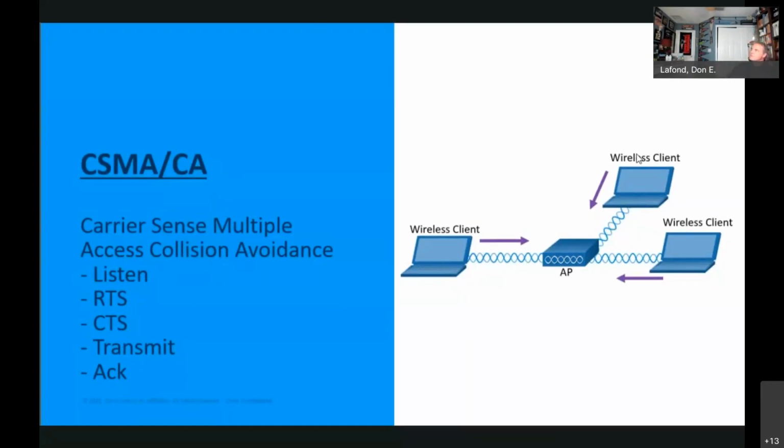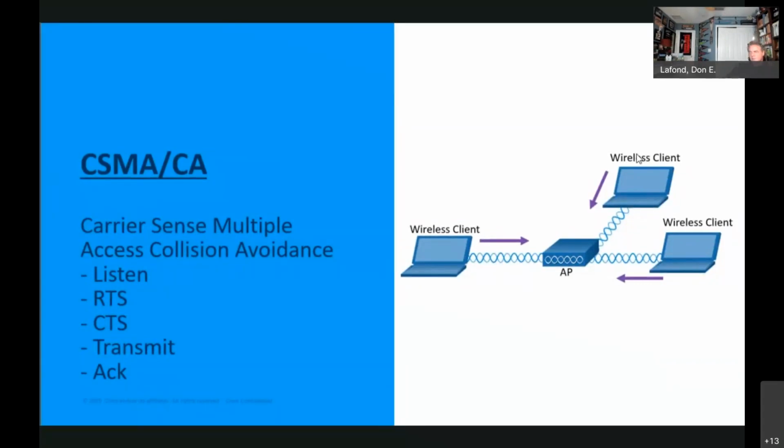And really what this means is we're not going to allow traffic to just be gliding into each other, flying through the air as all these different laptops and smart devices are trying to interconnect across an access point. We have a better way to go about it. With Carrier Sense Multiple Access Collision Avoidance, if you slow that down and speak it a couple times, that's really what's about to happen. What do I mean by that?